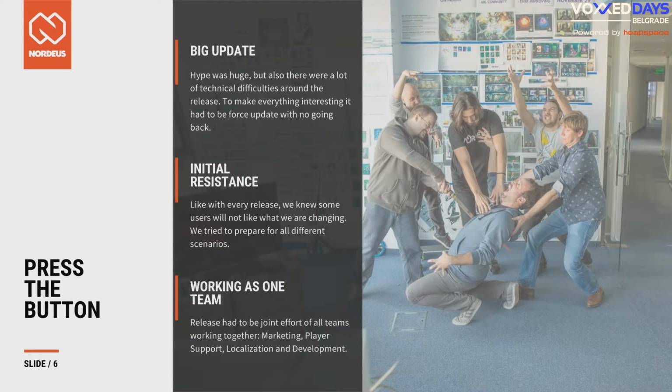The second thing was we knew we would have a huge amount of initial resistance. Some of our players, and there were millions of them, had played the game for 3 or 4 years. They're used to the UI. Even when the UI and user experience is not good, it's really hard to transfer the users. And we were transferring them to a totally new style of user experience in one moment.